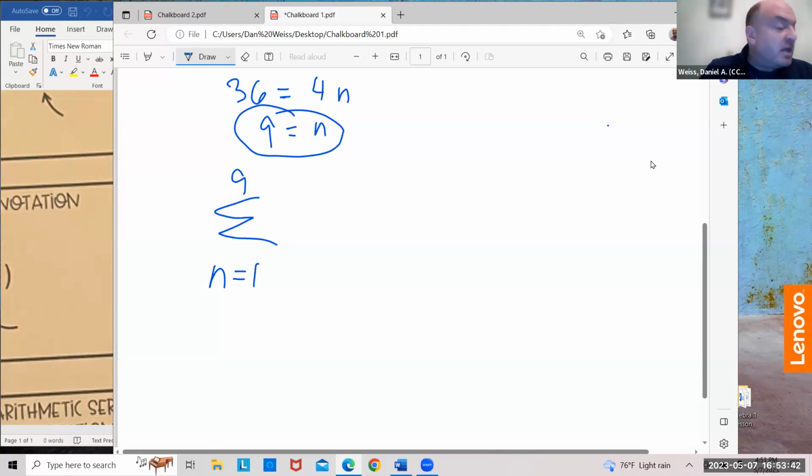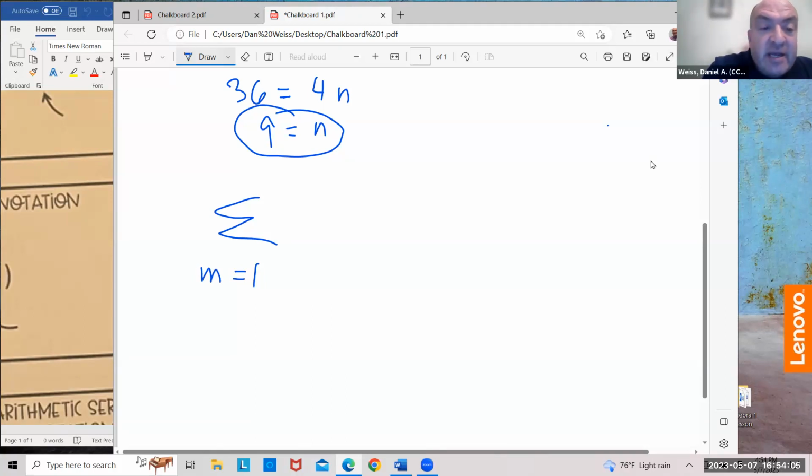Let's do this so it doesn't confuse you. See, this number here can be any number. Let's call it M. It doesn't matter what number we use here, right?